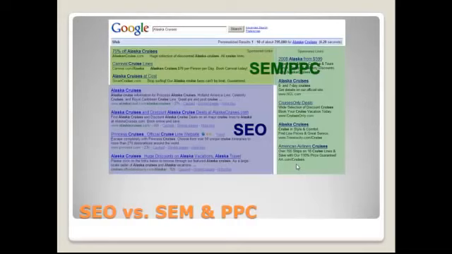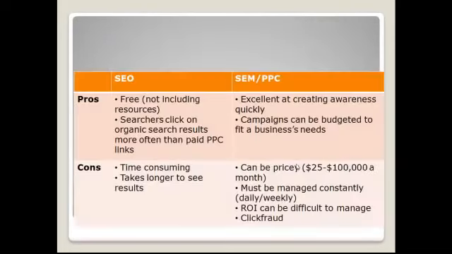There's an advantage to pay-per-click, which is the search engine marketing model: the people that click those particular spots are aware that they're advertisements, and they're looking for that particular subject, product, or service, so they have a higher conversion rate.